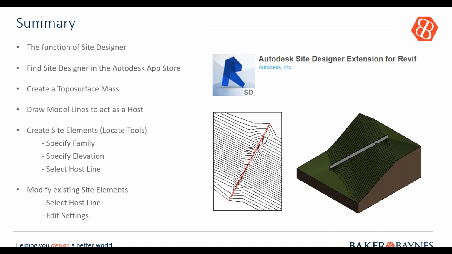I know people struggle with parking lots and adding parking to a topo surface. So it would be a nice idea to go through the parking lots off of Site Designer. It would be as easy as just creating a closed loop, like I did with the point wipeout, and then selecting those lines, and it generates a tarmac parking lot.